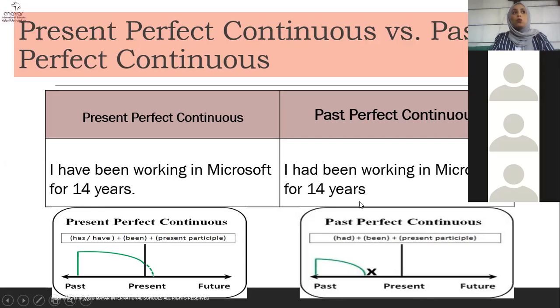Now, what do you think is the main difference here? What makes this sentence way different in meaning than this sentence? And that's why, guys, tenses are amazing, because they change the meaning. Using a specific tense changes everything.